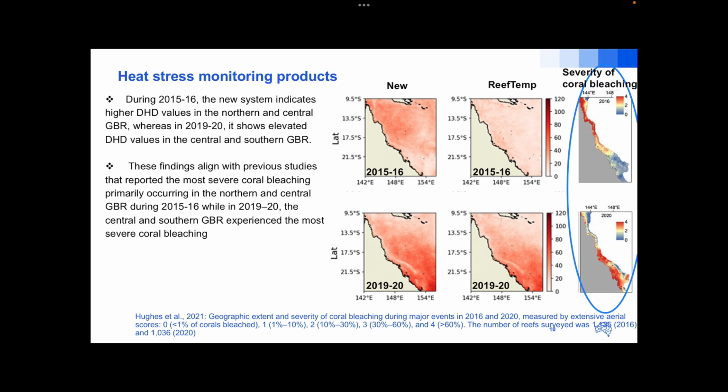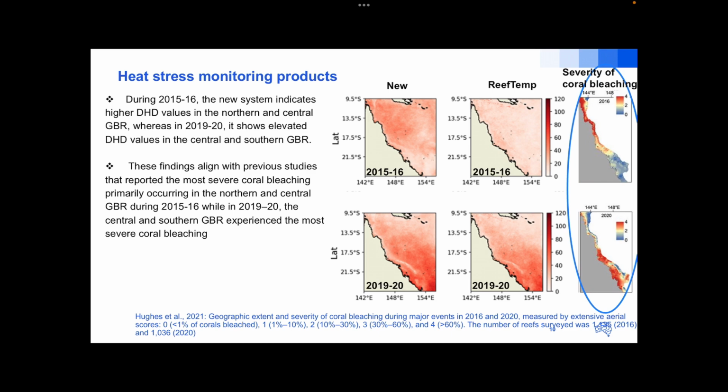The rightmost panels are taken from the Hughes et al. 2021 study, which showed the severity of coral bleaching in the GBR region. The red color denotes severe bleaching.